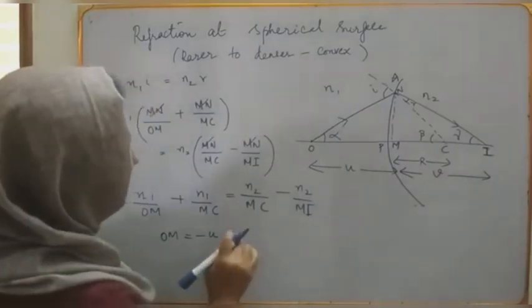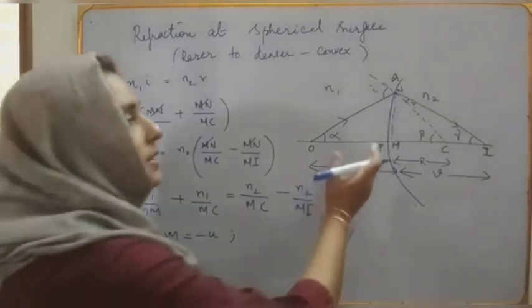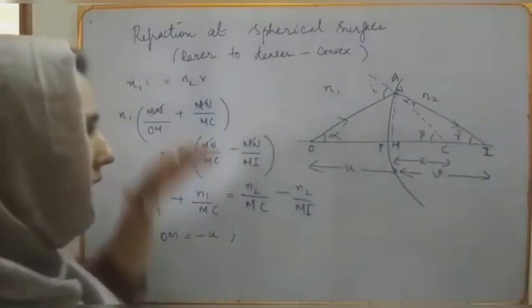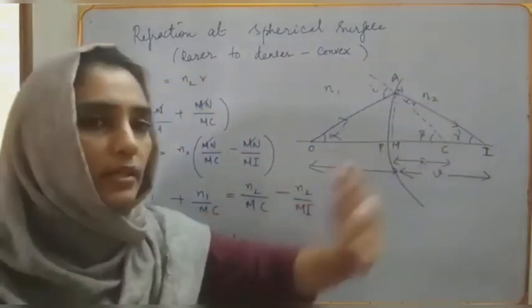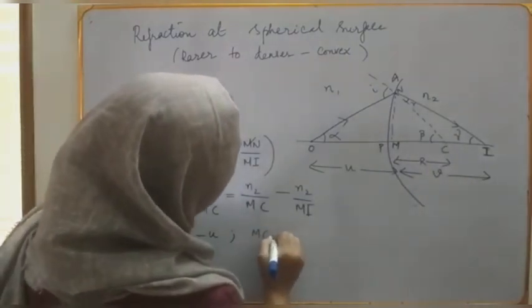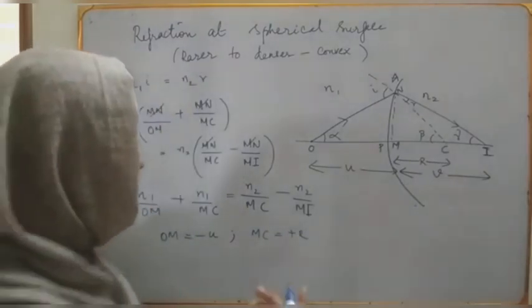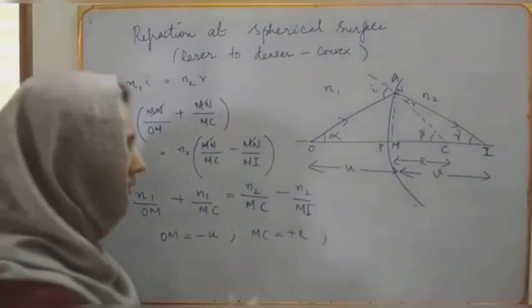Then what is MC? MC is the radius of curvature. It is along the direction of the light. Light comes in this direction, so it is also from P to C, or M to C, it is positive. So I can write MC is equal to plus R. We don't have to write plus, it is just to make you understand that according to sign convention it gets a positive sign.